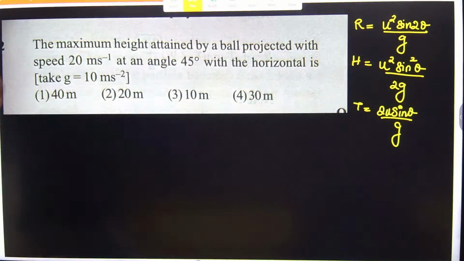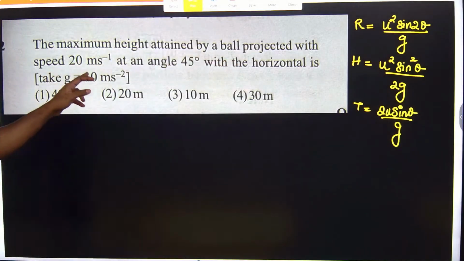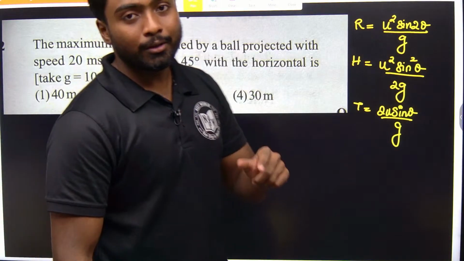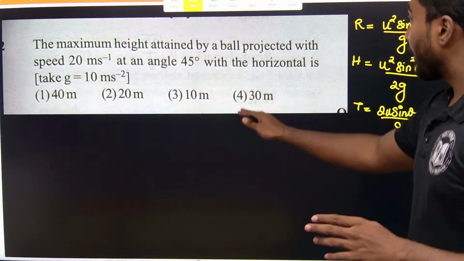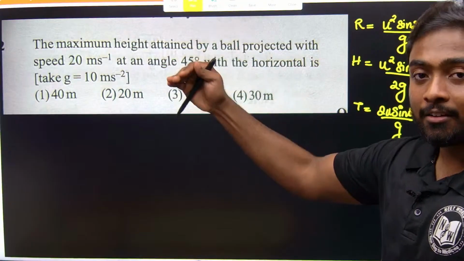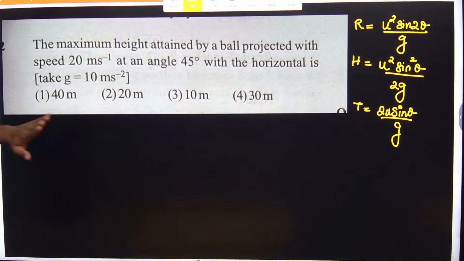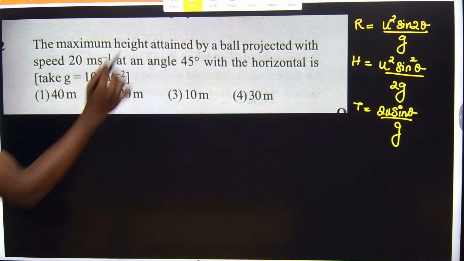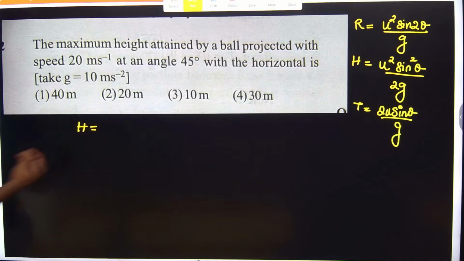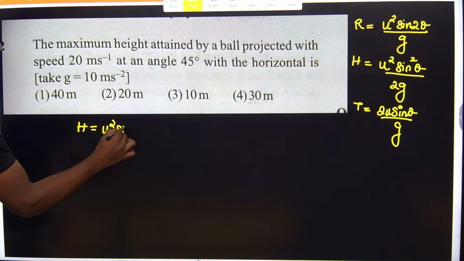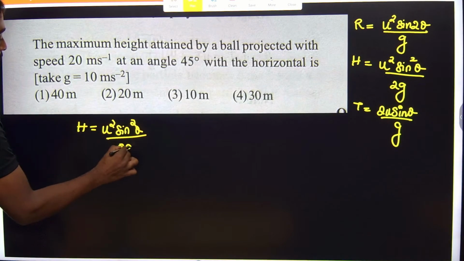Now we will go into the question. The maximum height attained by the ball projected with the speed 20 meter per second at an angle 45 degree with the horizontal. So H equals u square sin square theta by 2g.